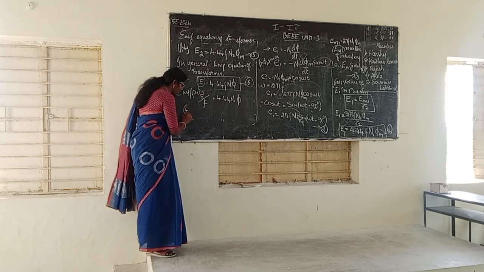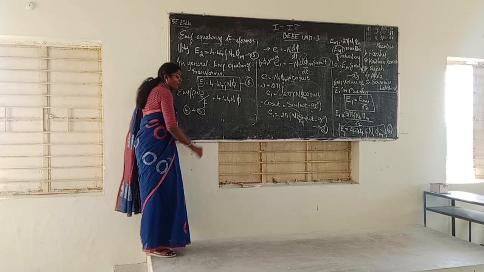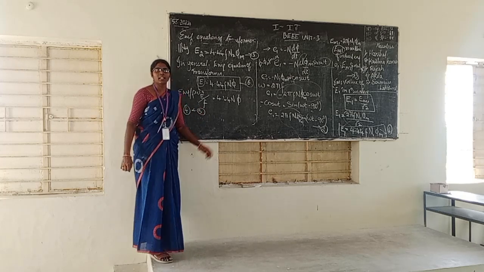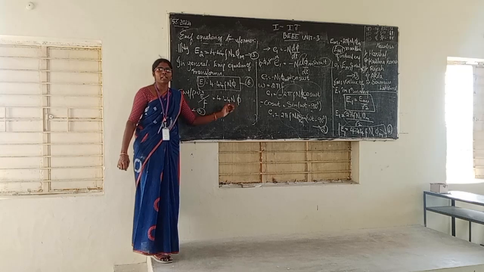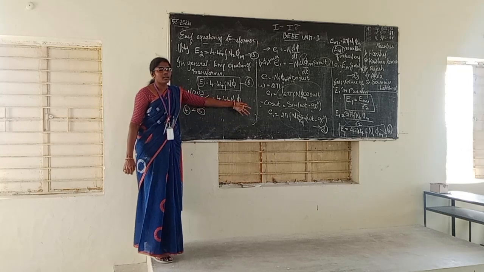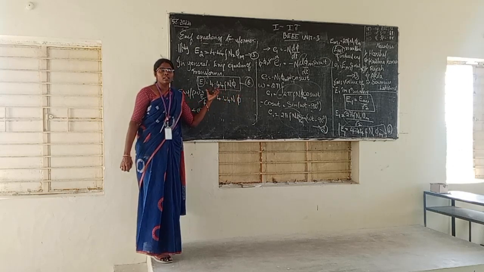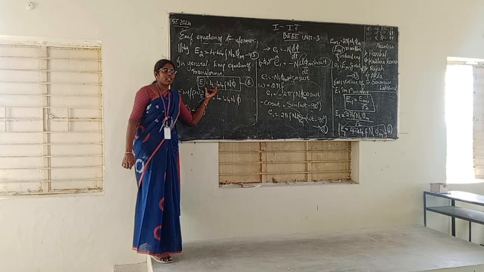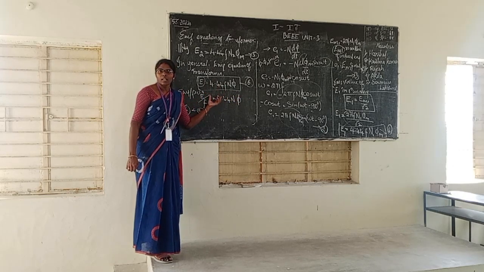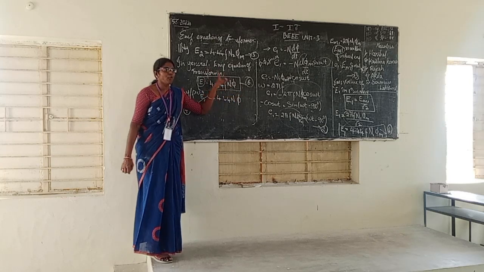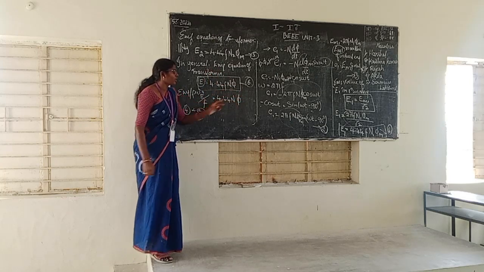Now I am going to consider the fourth and the fifth equation. What alternate things can we find out by using the EMF equation? By finding the EMF equation, I can find the EMF induced per frequency. Next, I am going to compare the fourth and the fifth equation. What is the fourth equation?